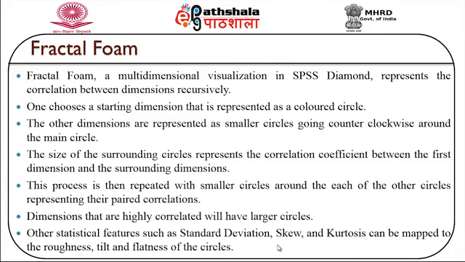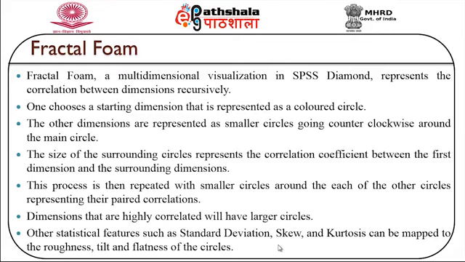The size of the surrounding circle represents the correlation coefficient between the first dimension and the surrounding dimension. This process is then repeated with smaller circles around each of the other circles representing the paired correlations. Dimensions that are highly correlated will have larger circles.